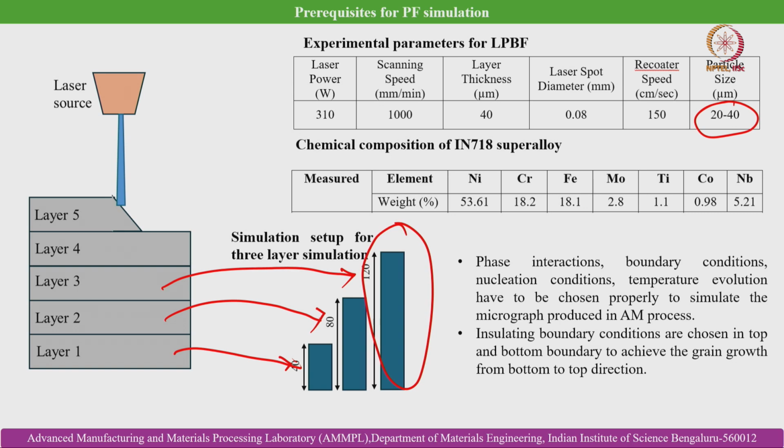Because the bottom is the chill zone, the bottom layer is above the substrate plate, which is at a much lower temperature, close to room temperature, and the top layer of the powder bed, under immediate exposure to the laser beam, has a high temperature. So, the temperature gradient acts here from bottom to top.